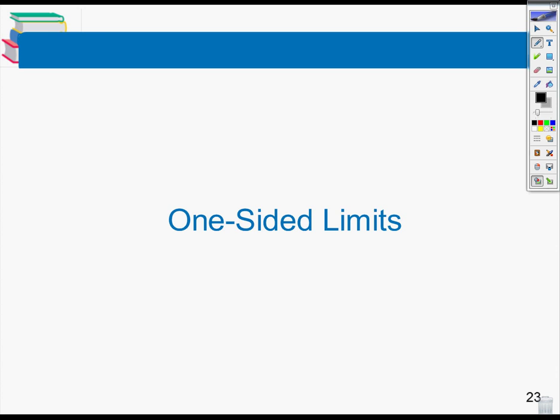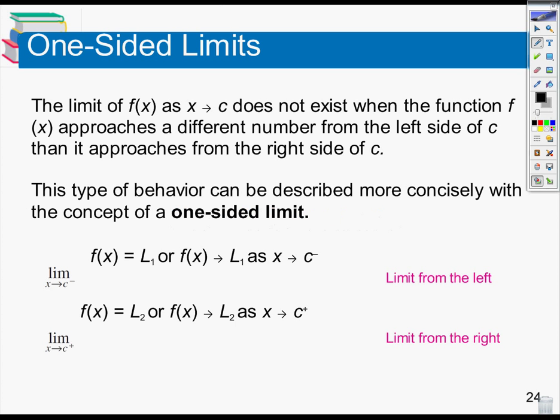And we actually said that the limit does not exist if those two things don't agree and meet at the same point. Well, now we're going to look at it from a different perspective and say, well, okay, maybe the actual limit doesn't exist, but what about a left side limit? What about a right side limit? From the left side, what's it approaching? What's the limit as it approaches from the left? From the right side, what's it approaching? What's the limit as it approaches from the right?